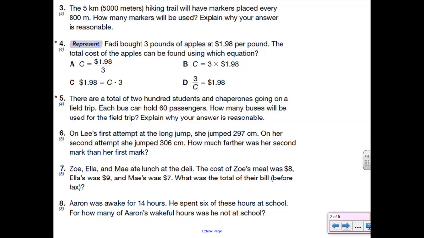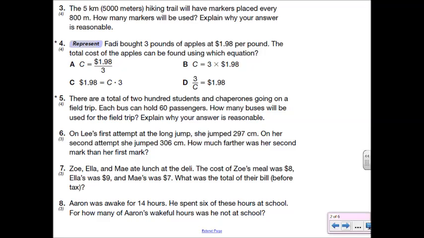Alright, so number 3 says the 5-kilometer, which is 5,000 meters, hiking trail will have markers placed every 800 meters. How many markers will be used? Explain why your answer is reasonable.